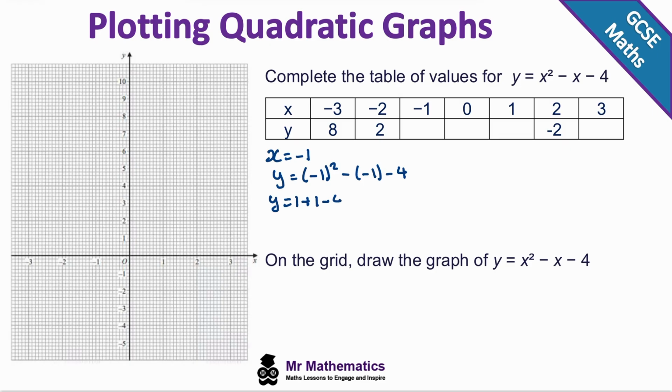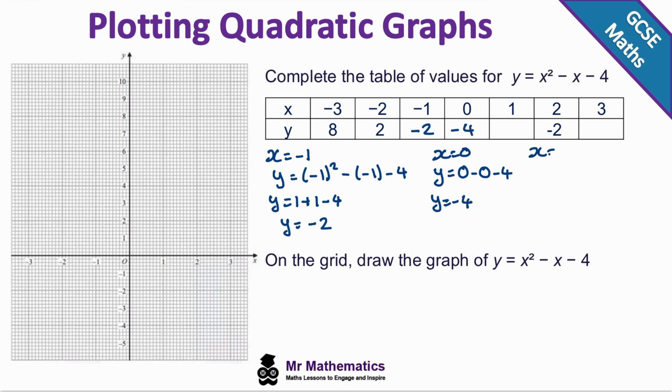And then we take away the 4. So y will be 2 take away 4, y will be negative 2. And then when x equals 0, y will be the 0 squared minus the 0 minus the 4. So y will equal negative 4.